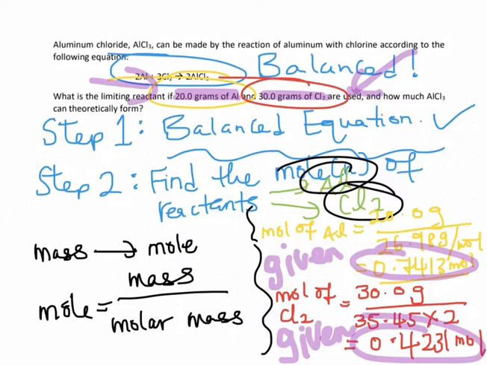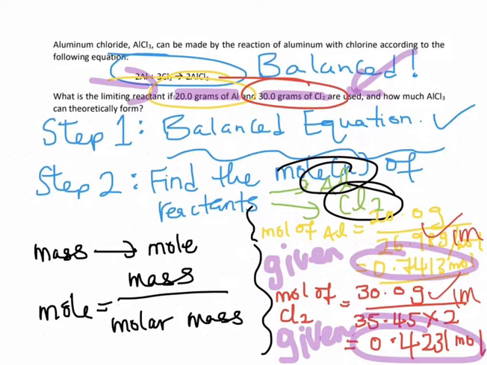Okay? So you've done step 2. Usually in examinations, they're going to give you 1 mark over here for the correct number of moles, and another 1 mark over here for the correct number of moles. So it's very important for you to find out the number of moles.